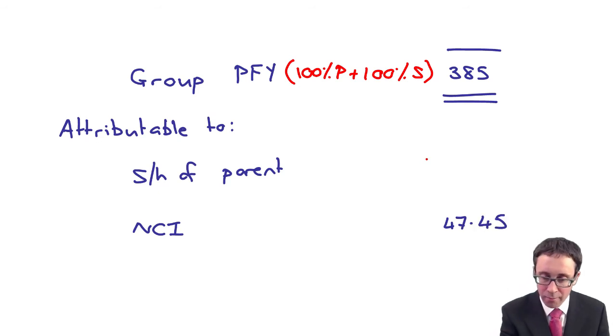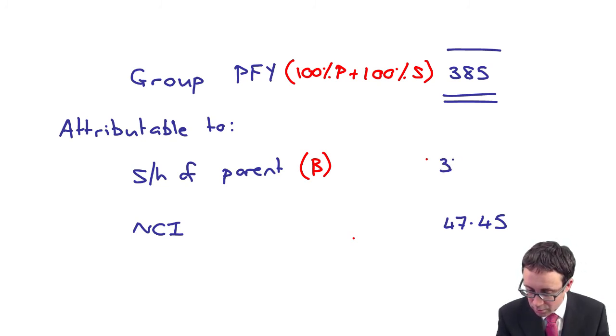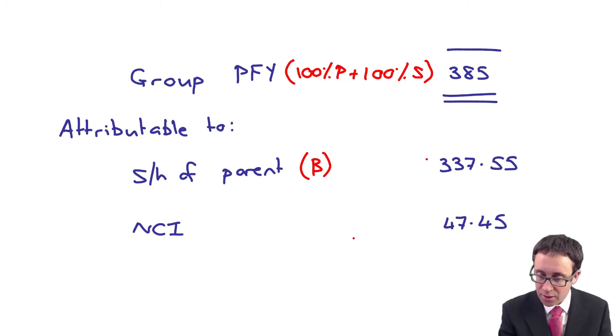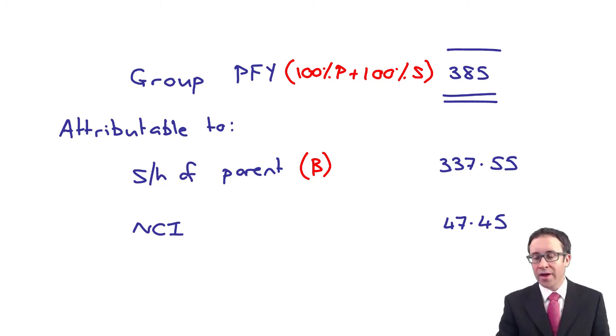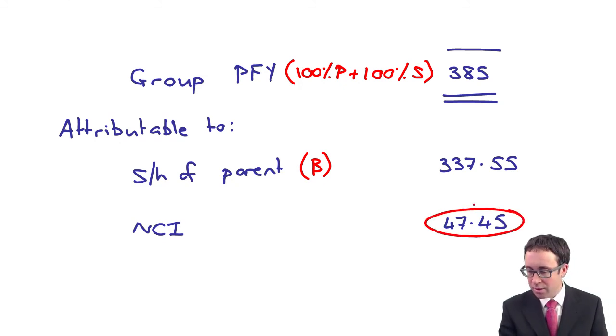So that's where that number comes in. Then P is 385 less 47.45. So that gives me the amounts that are attributable to the parent shareholders at 337.55. It's a balancing figure, isn't it? It's just there as the difference between the group profit for the year of 385 and what we've worked out at 47.45 as the non-controlling interest. Okay.